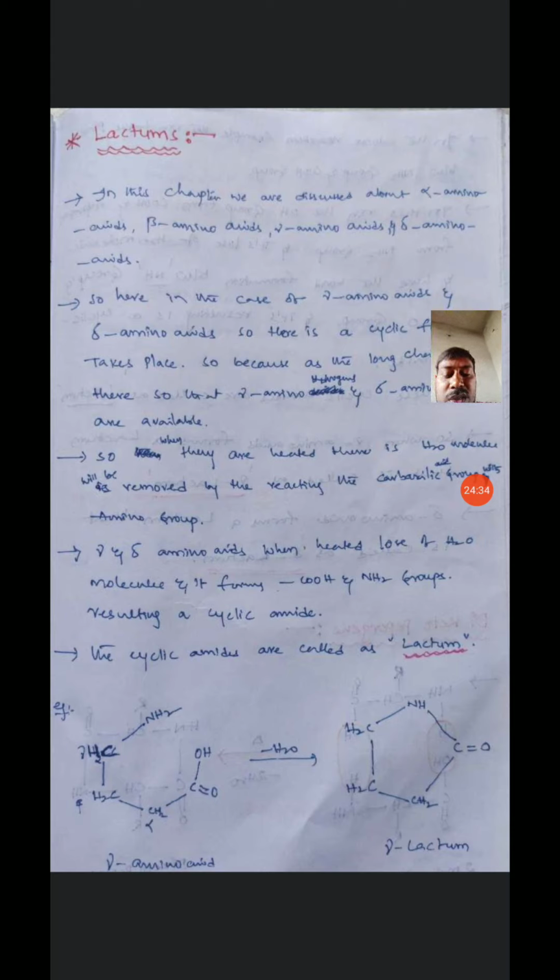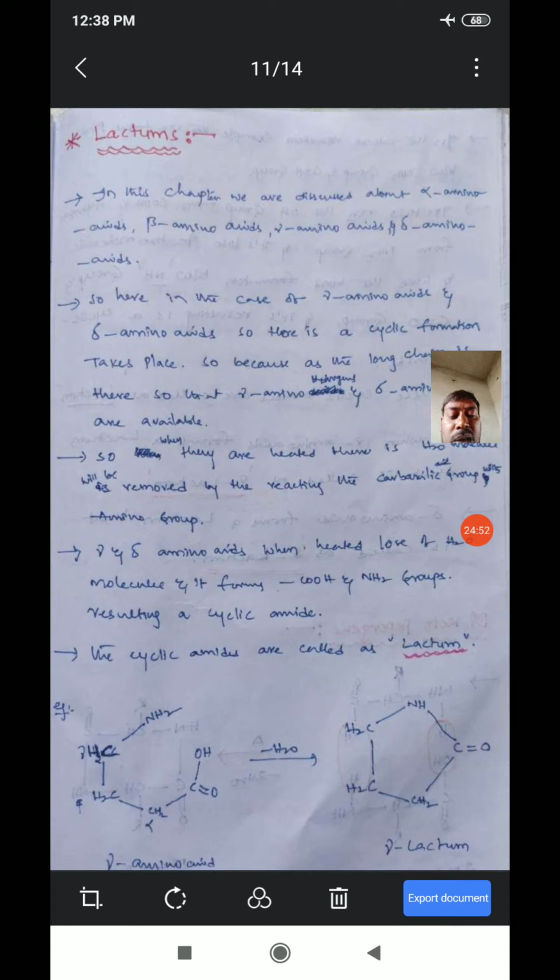Here the first CH2 is alpha, the second beta and the third gamma. With loss of a water molecule, one hydrogen from the amine group and OH from the carboxylic group, it forms gamma lactam, a cyclic amide structure: CH2, NH, C double bond O, CH2, CH2. Cyclic amides are called lactams.